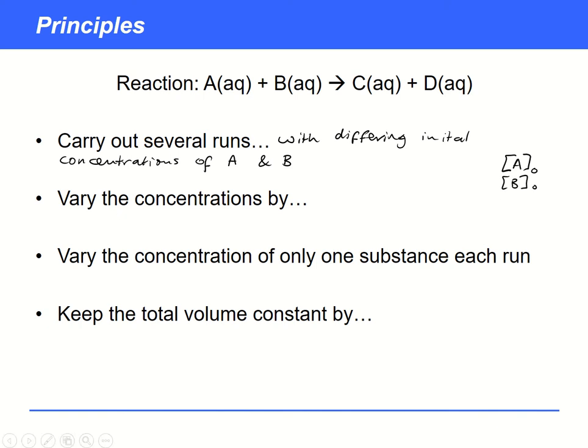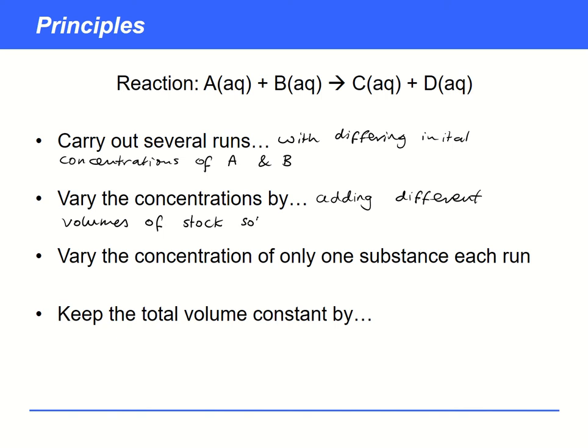Now, how are we going to accomplish that? Well, we're going to vary the concentrations of those by adding different volumes of stock solutions of A and B to the reaction mixture.